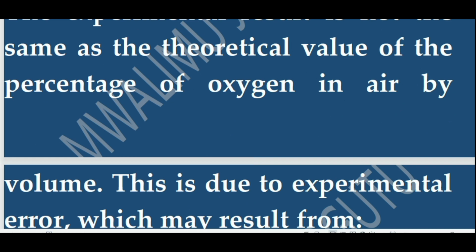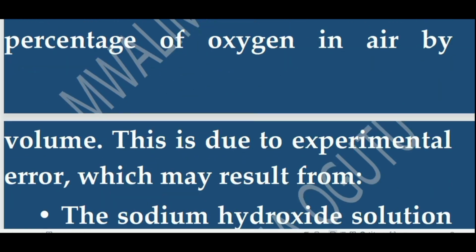This is due to experimental error. That's why the results that we are getting are not the same as the theoretical ones; the value is different from what we expect.